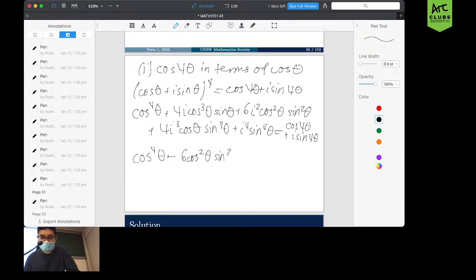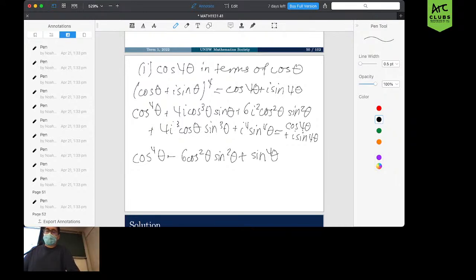And if we look at our only other term with an even power of i, it's that i to the 4 sine to the 4 theta term. Well, i to the 4 we can just rewrite as 1, and we're just left with plus sine to the 4 theta. Cool, that's our real term. Now we can also do plus i times our imaginary term.